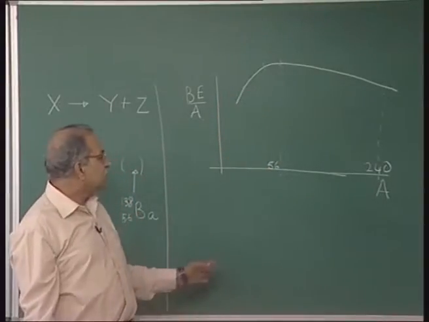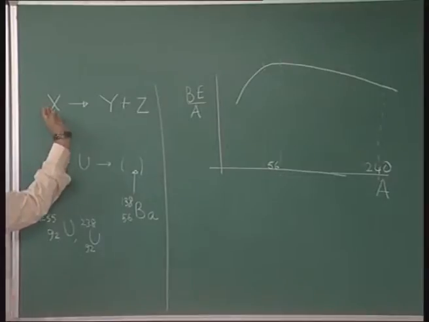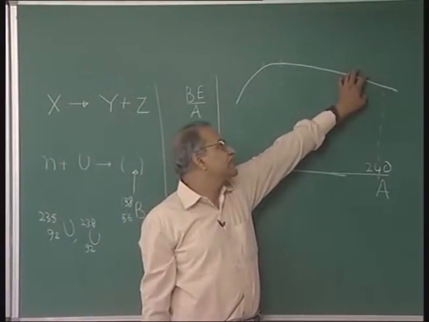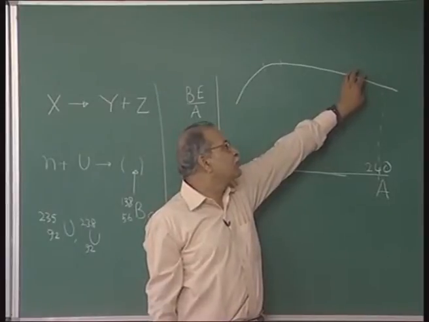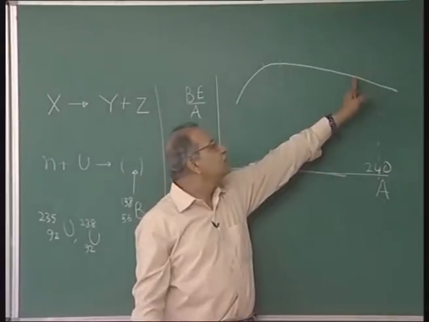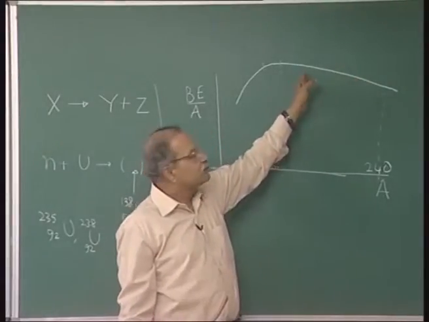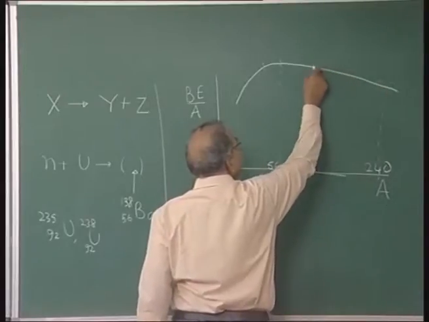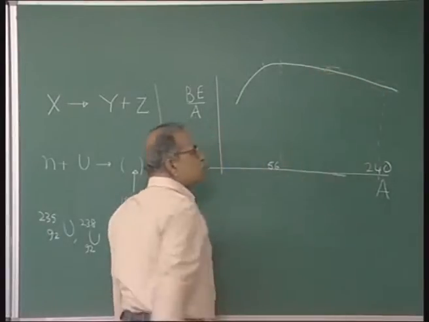So, in fission, the initial nucleus, this X nucleus, this heavy nucleus, is somewhere sitting here, and then it splits in two parts, and the mass number will become roughly half. So, it will come somewhere here. So, from this portion you are getting 2 nuclei in this portion.